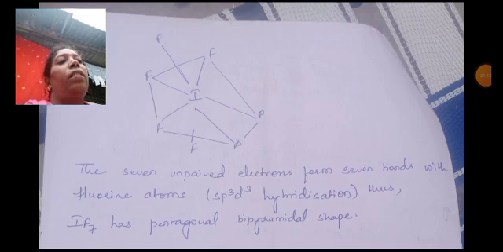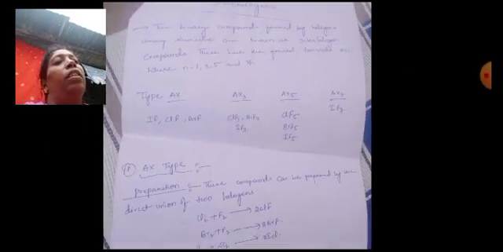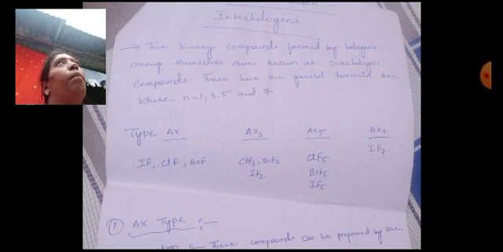So with this we have finished the interhalogen compounds. So the simple classification: how many types are there? Binary compounds of halogens combined with other halogens are known as interhalogens.